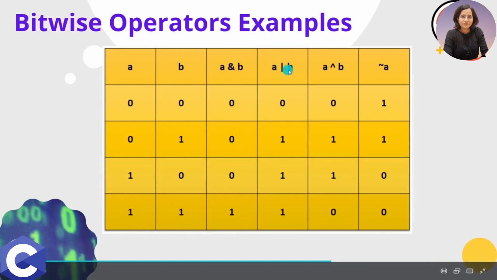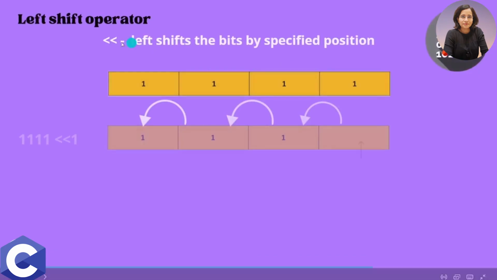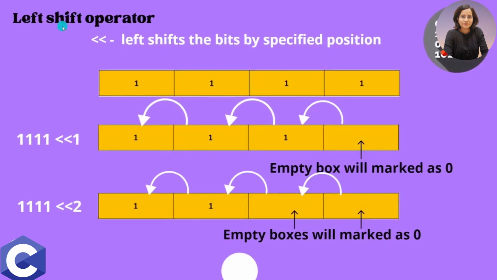In case of OR, if any one bit is 1, then the result will be 1, otherwise 0. In case of the bitwise XOR operator, if both the bits are different, then we will get the result 1. And what about the bitwise NOT operator? It negates the value.